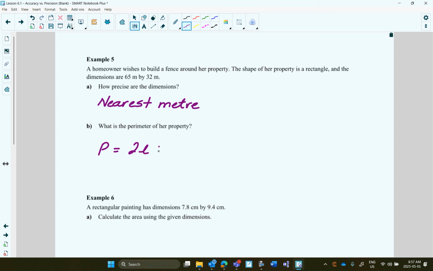We can just double the lengths and add double the widths. So we get 2 times 65 plus 2 times 32, which will give us what? 130 and 64, 194, I think.